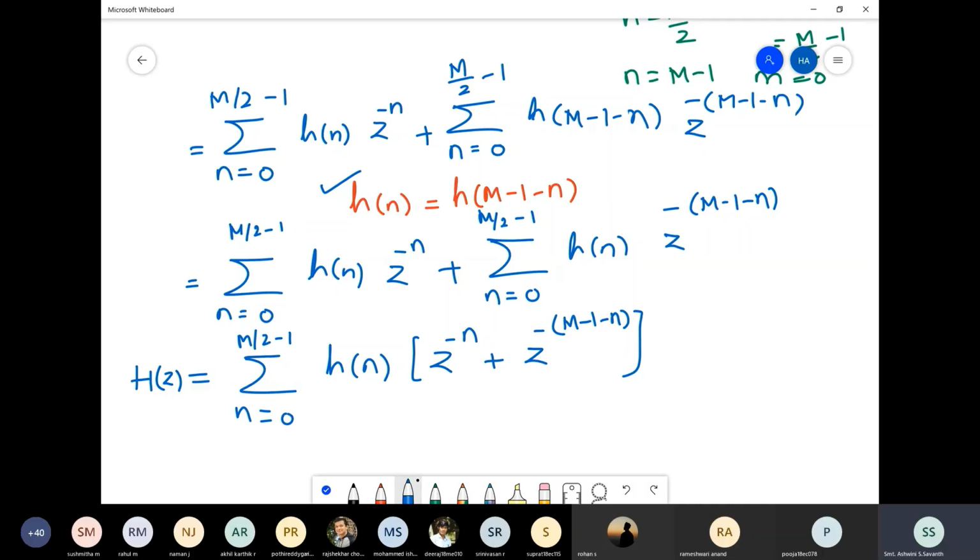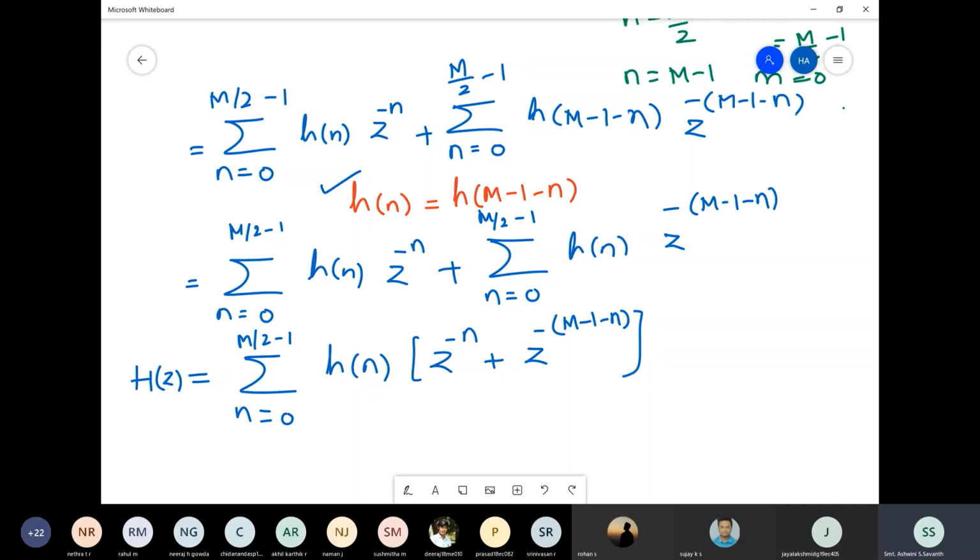From this H of z, we have to next write down the frequency response of the filter. We can obtain the frequency response using the transfer function. There is a relationship between the Z transform and the DTFT of a signal.